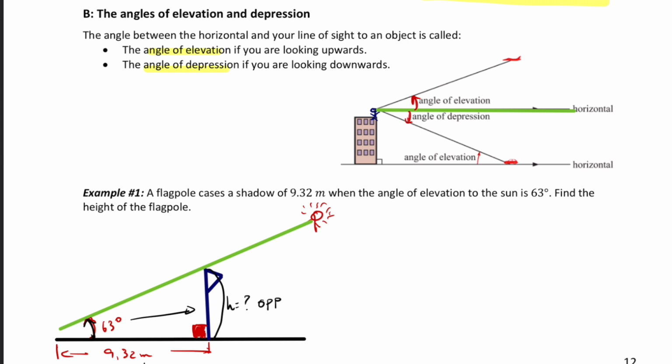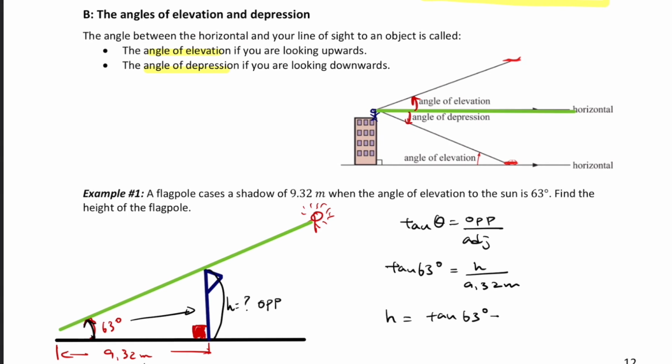We can calculate the height using the tangent ratio: tangent theta equals opposite over adjacent. So tangent 63 degrees equals h over 9.32 meters. That means h is tangent 63 degrees times 9.32. The answer is about 18.29. Using 3 significant figures, we have about 18.3 meters.